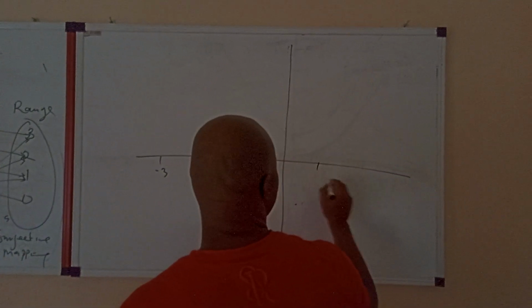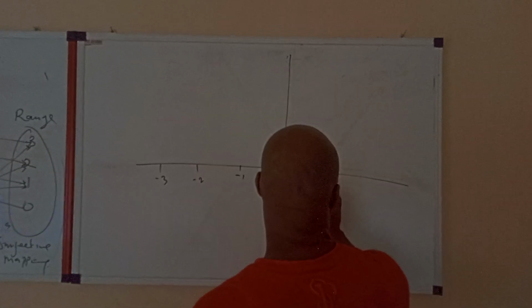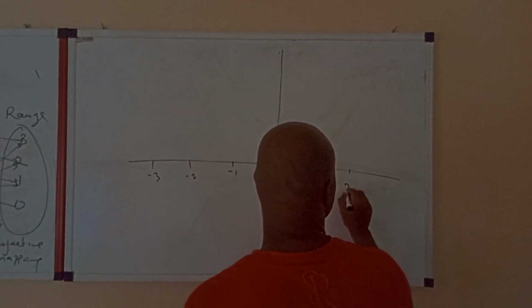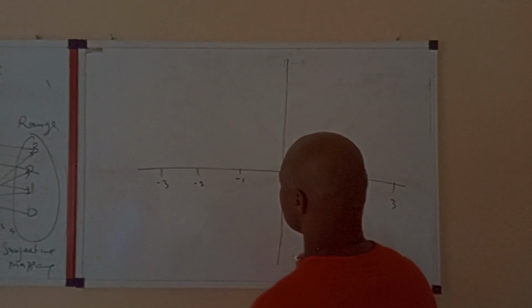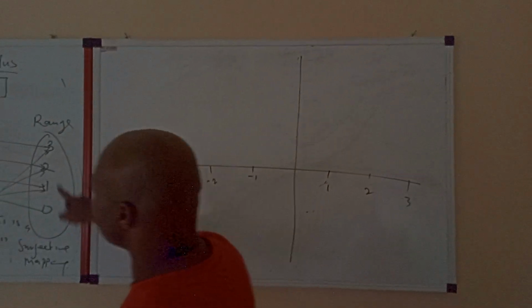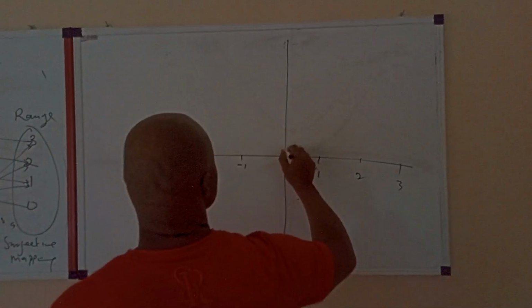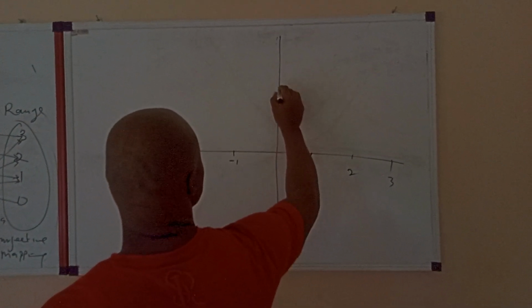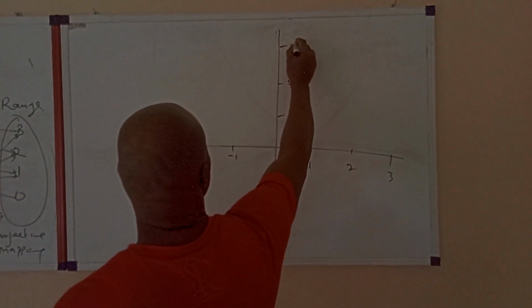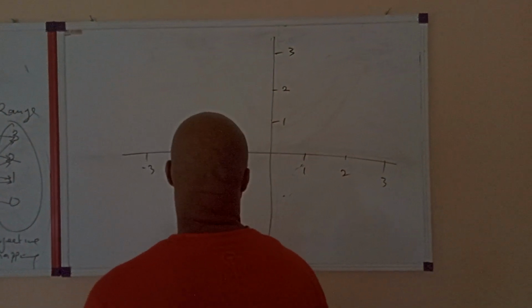Then this side go be 1, 2, and here na 3. Then for this domain side, we get 0, 1, 2, 3. So now so it be.